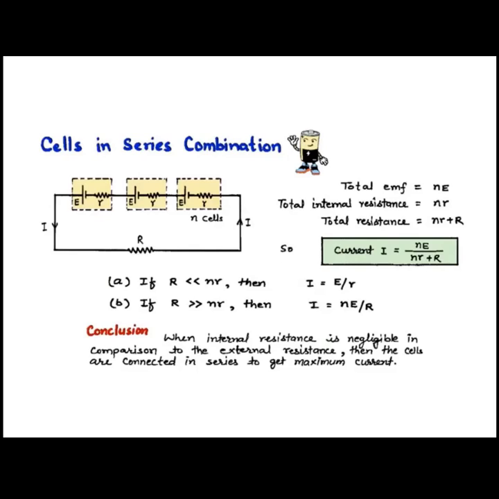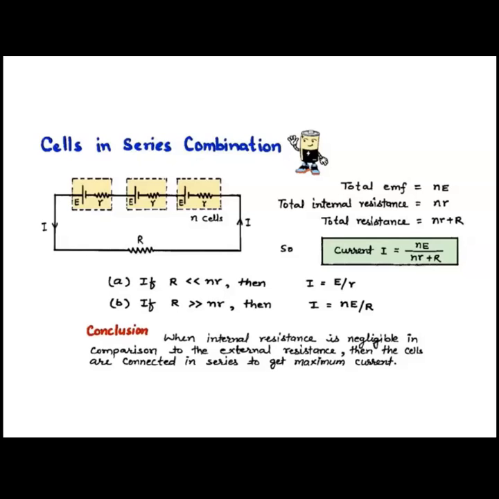So in order to get higher current in a circuit, we often use a combination of cells, that is two or more than two cells. And as we have done in class 10, when more than one cell is connected together, it forms a battery. Battery cells are used in torches, automobiles, transistor sets, etc.